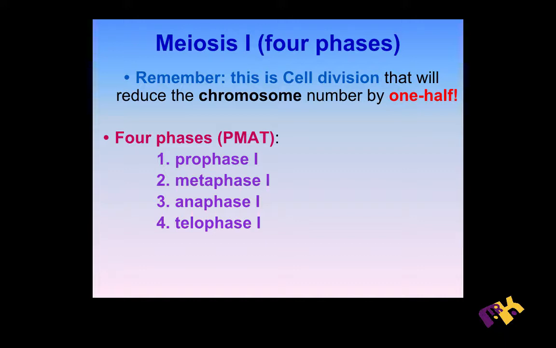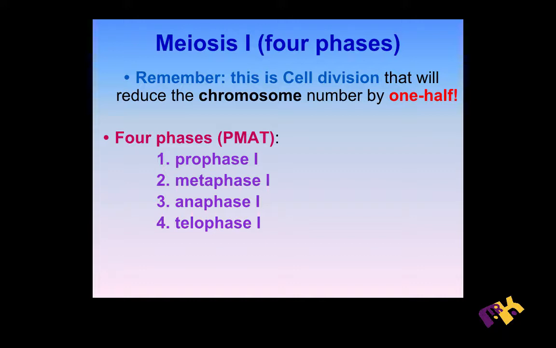The key takeaway here is that in meiosis 1, we're going to go from a cell that's diploid in chromosomal number to one that's haploid in chromosomal number. In humans, we're going to go from 46 chromosomes to 23 in this first major set of processes in meiosis 1. So we're going to hit these along the way.